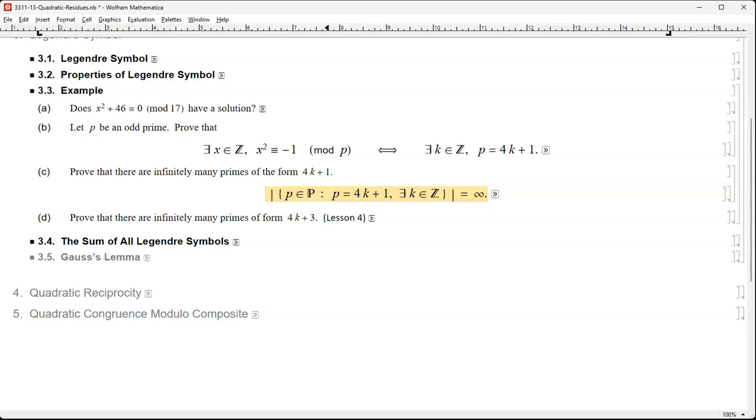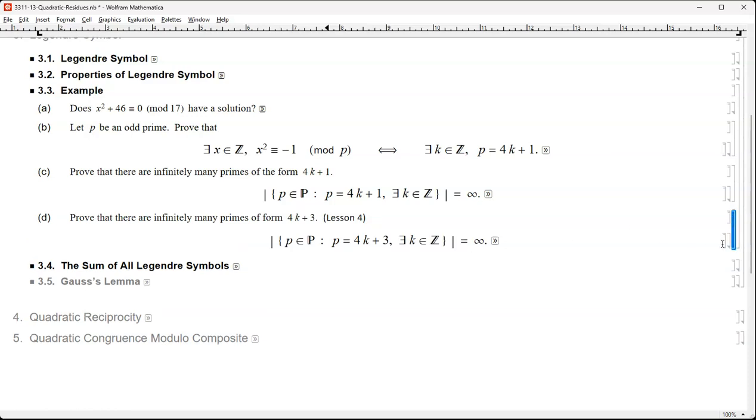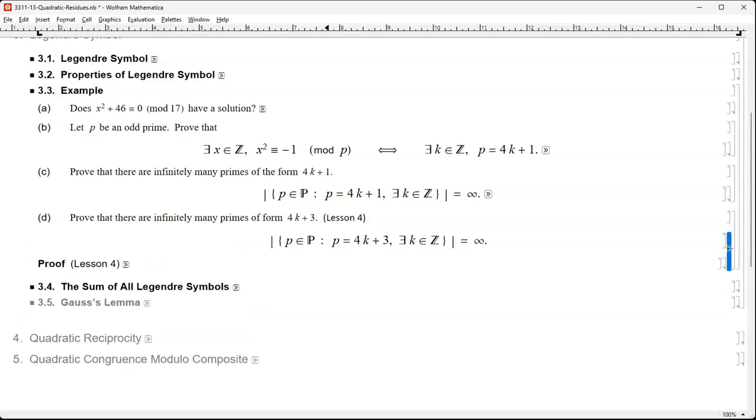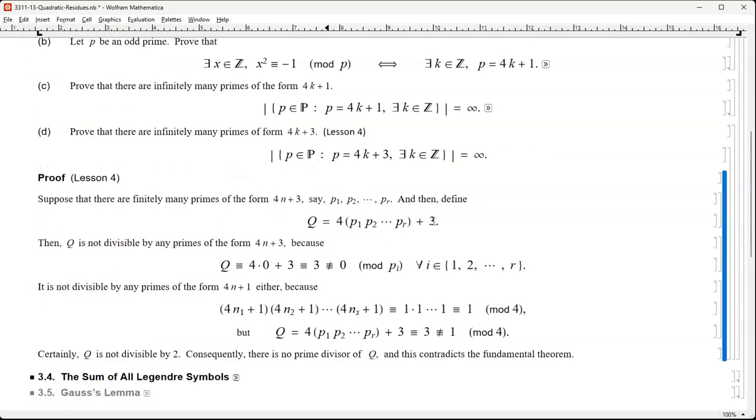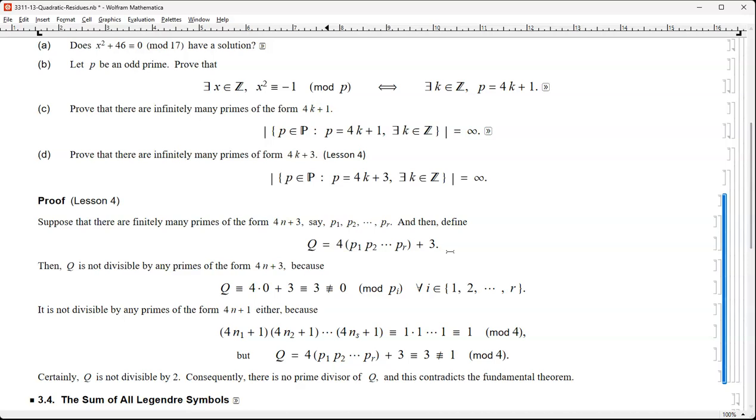By the way, we have some time left, so let's have a review on what we did in lesson 4. The infinitely many primes of the form 4k plus 3. Remember that? How did you do that in lesson 4? Well, suppose that they are finitely many. So p1 through pr, so multiply them all and 4 and then plus 3.